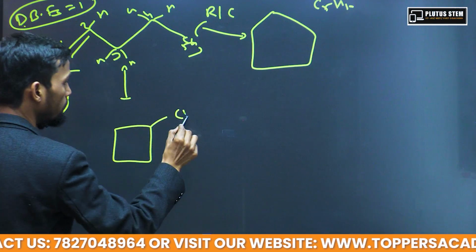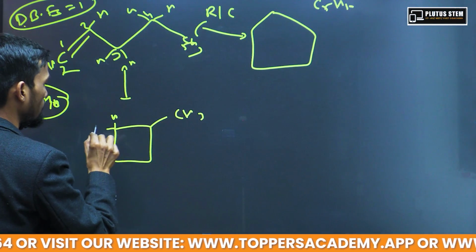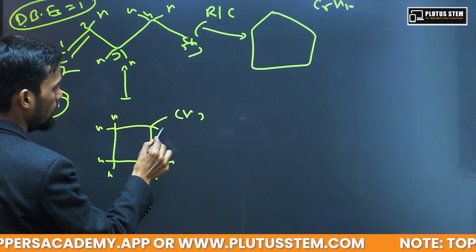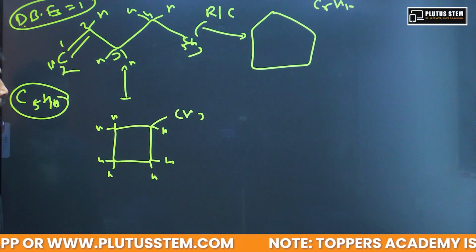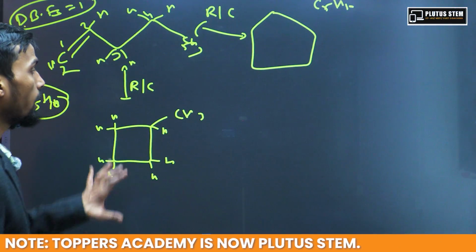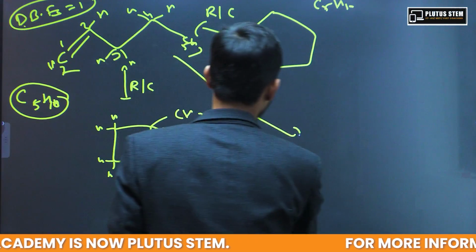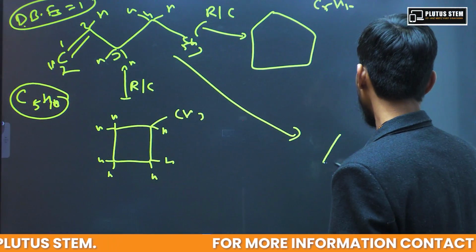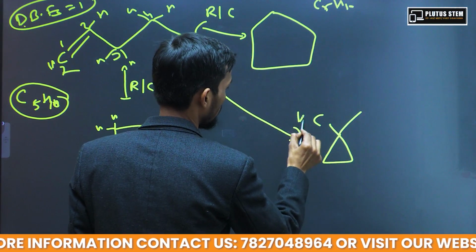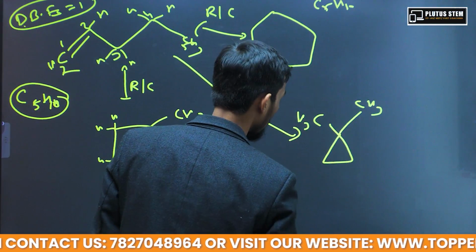Regarding this molecule too, it is C5H10. So this is also a ring chain isomer. And one more example, this is also a ring chain isomer. All have a DBE value equal to 1.